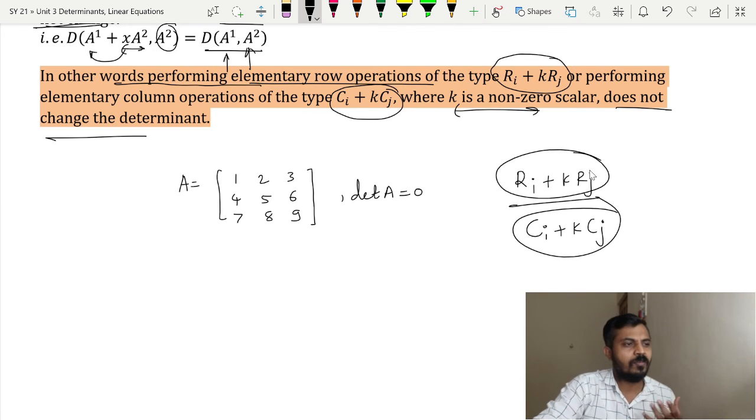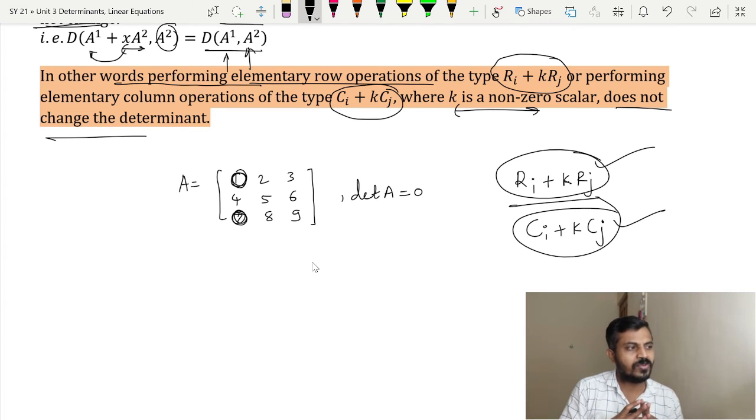So if by performing operations such as Ri plus k times Rj, we are able to make, let us say, 2 entries in some row or some column 0. Suppose I made this entry 0 and this entry 0. This is just an example. By performing some elementary row or column operations, you can see that there are 2 zeros in the first column.